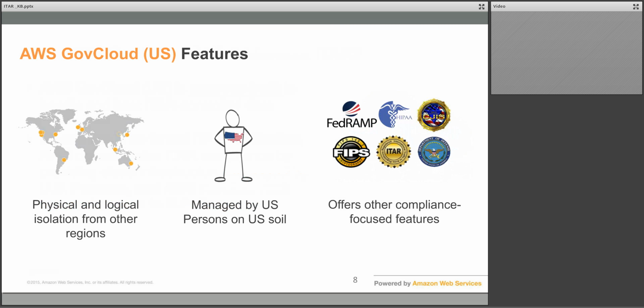The key features of the GovCloud region include GovCloud being physically and logically isolated from all other AWS regions, including other US regions. The region being managed and operated by AWS personnel that are US persons physically located on US soil, and that GovCloud offers other compliance features beyond ITAR, including but not limited to FedRAMP, DoD SRG, CGIS, and HIPAA.